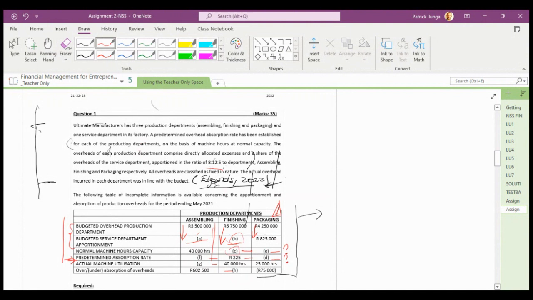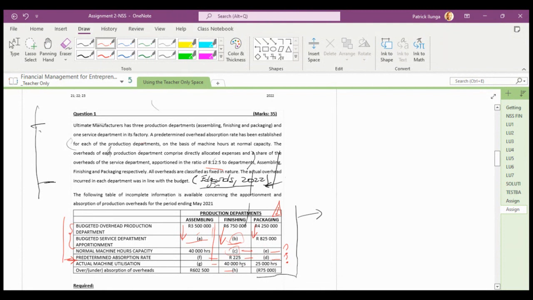You are given it here, the apportioning to the department of the services. All right, so this is quite easy, therefore, to find B, C, A. But here you have two unknowns, and this will be a little bit tricky, and that's where you need to work quite hard to find these two.